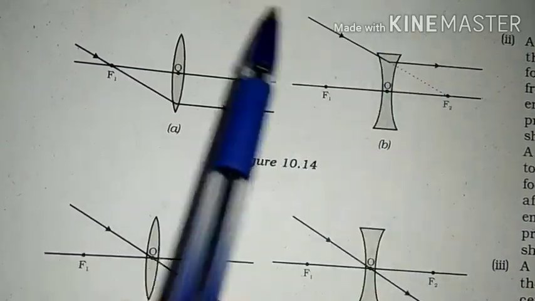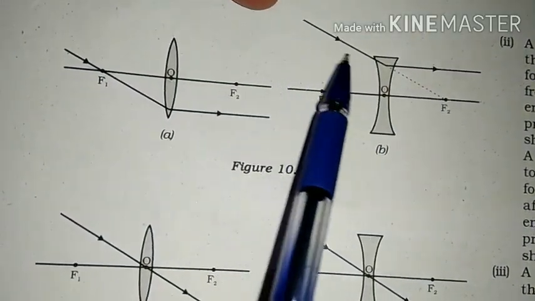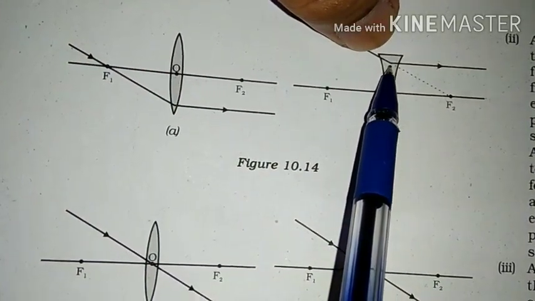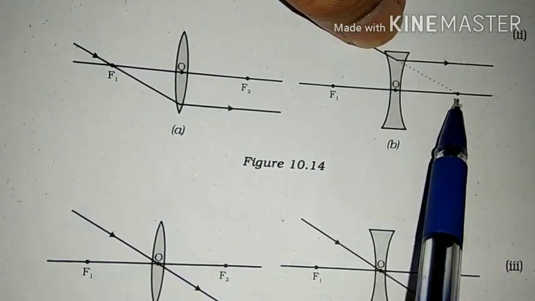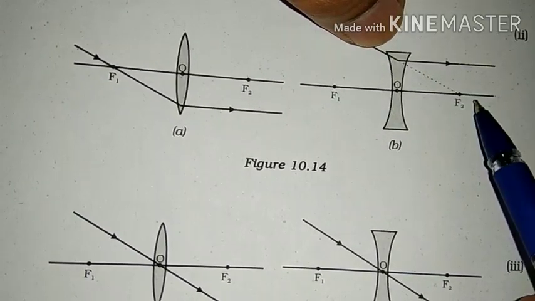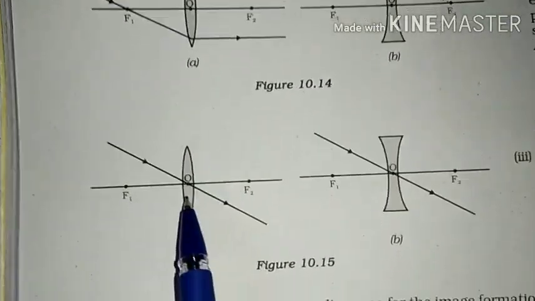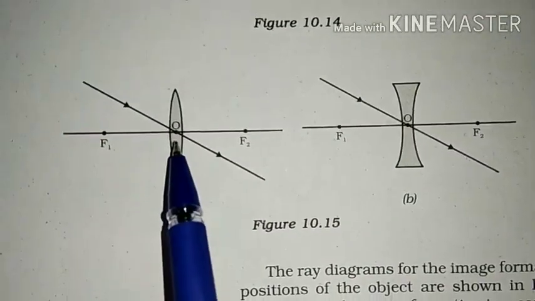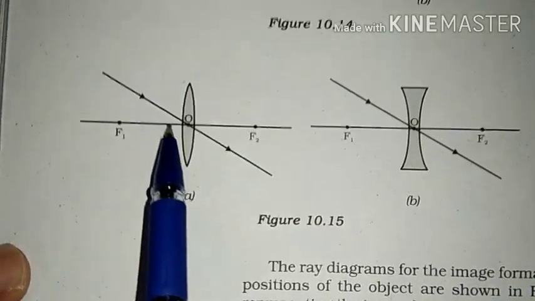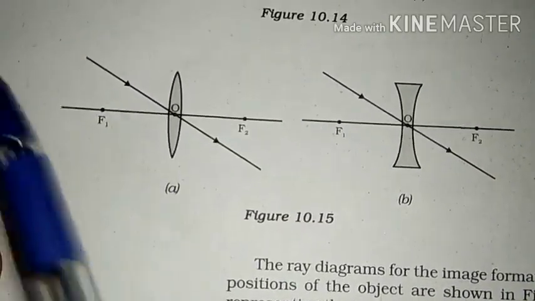And if rays of light incident on a concave lens in such a way that it appears to pass through its focus, then after refraction it becomes parallel to the principal axis. And third rule was that rays of light incident at optical center of convex lens don't change their path.